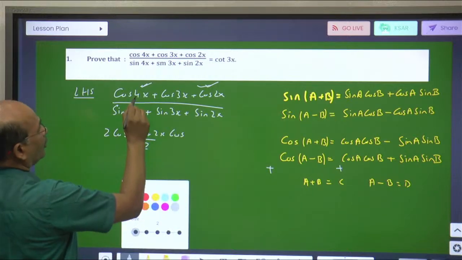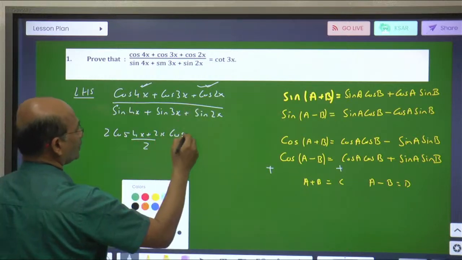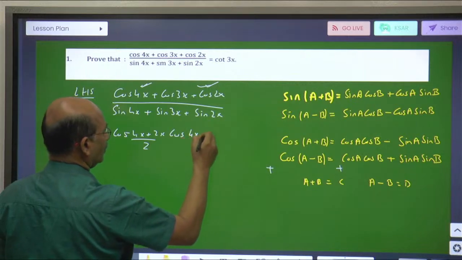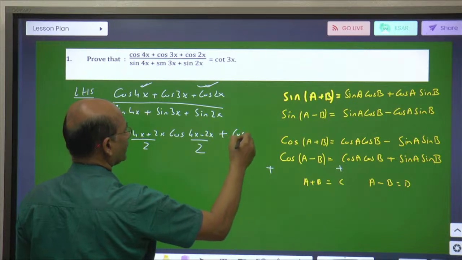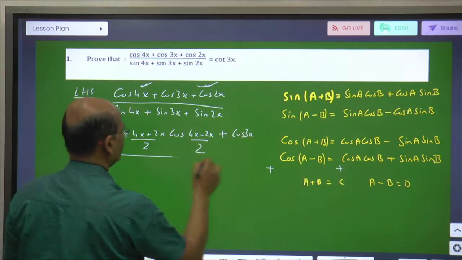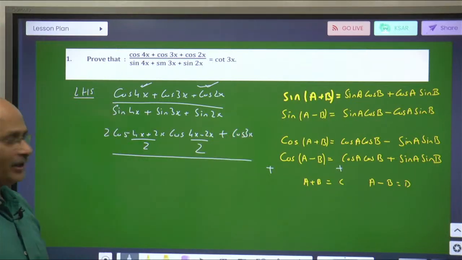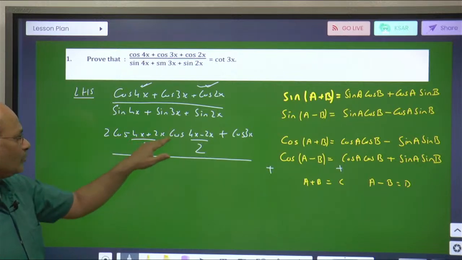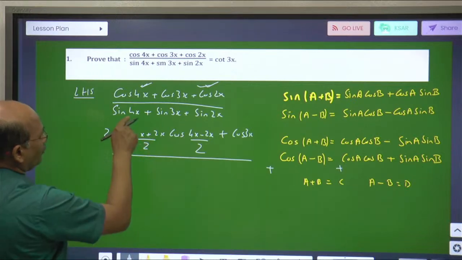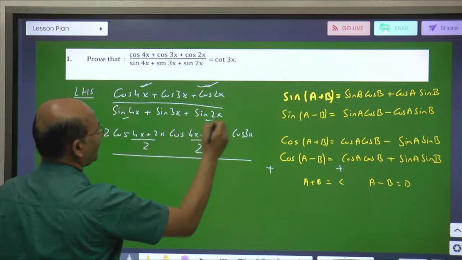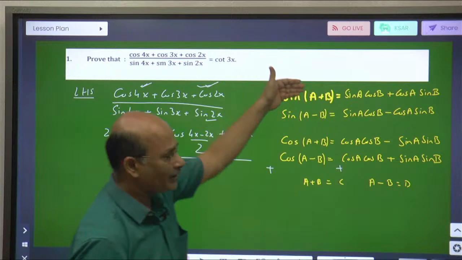Okay, see, cos C plus D by 2 cos C minus D by 2, and this plus cos 3x as it is upon. Understand what I did? I did 2 cos C plus D by 2 cos C minus D by 2, because I paired this and this. Similarly, in the denominator, this part and this part I will do sin C plus sin D. Look at the formula.